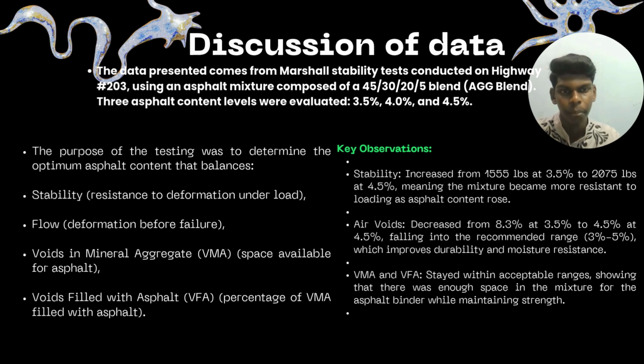And lastly, VMA and VFA were within safe limits, so the mix had enough asphalt without losing strength. So overall, increasing the asphalt content made the mix stronger and still within the right range.